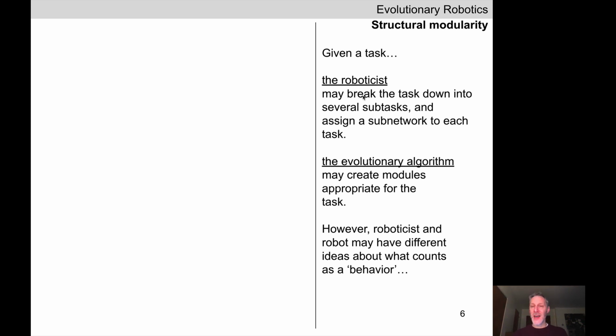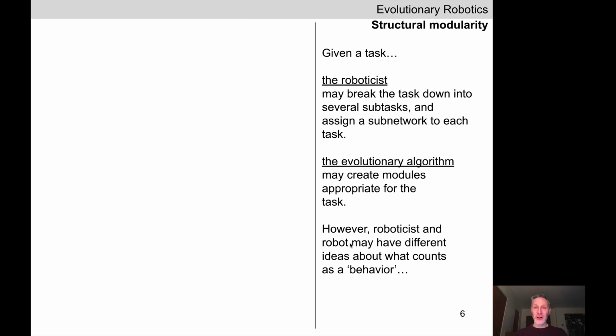There's problems with that. So alternatively, we could ask the evolutionary algorithm to try and not only evolve synaptic weights for our neural network, but also to cut the network into pieces, actually discover a good way to modularize the neural network controller of the robot to make it easier for that evolved robot to execute these subtasks independently. Okay.